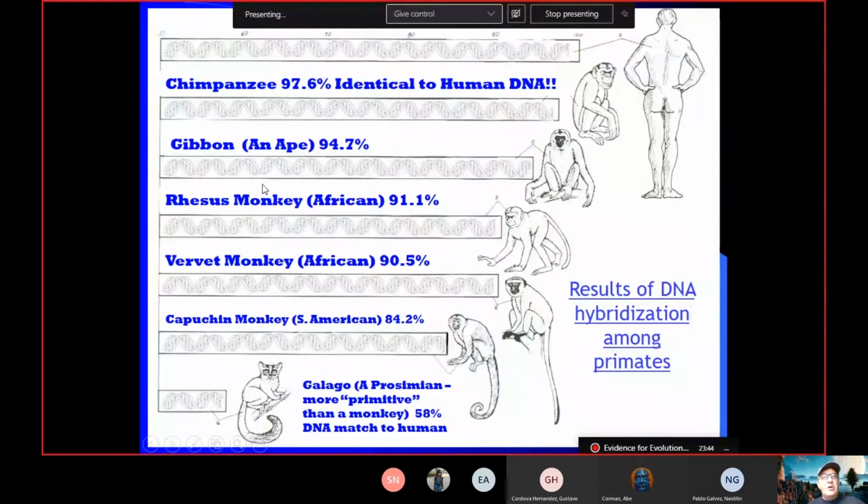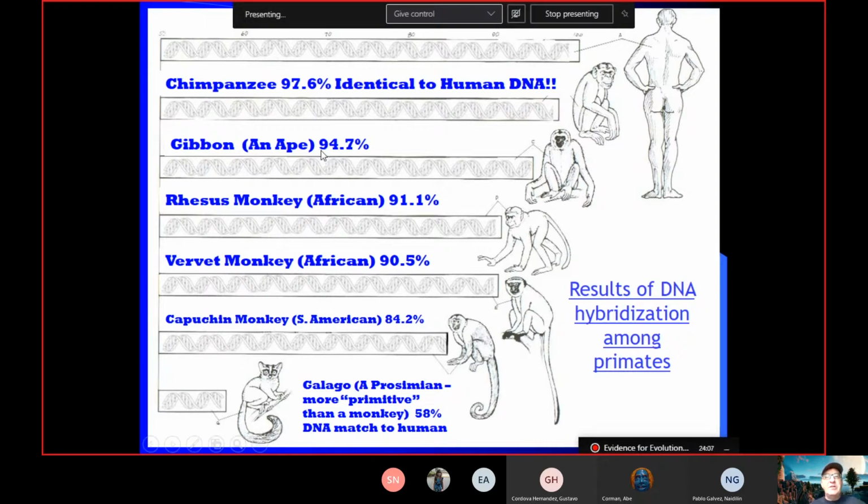Here's another ape called a gibbon. And one thing I'll just point out real quickly, apes, like humans, have no tails. Monkeys do have tails. So this is another ape. Since it has no tail, you might guess that it's probably more closely related to a human than a monkey is to a human, right?